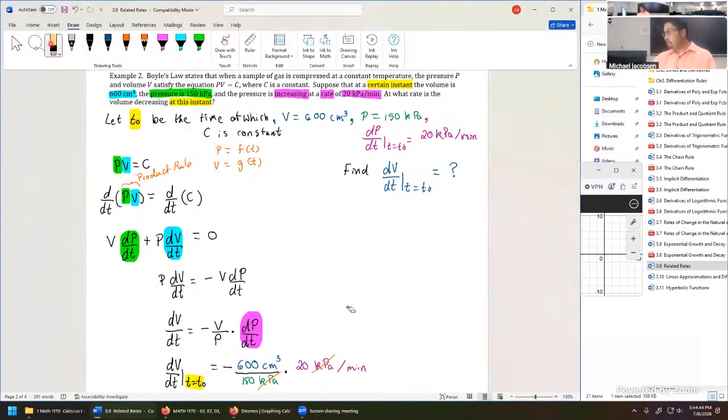So this becomes equal to negative 80 cubic centimeters per minute. So that's the rate at which volume is changing at that specific instant of time. If it continues to compress, if the pressure continues to increase, maybe the rate of change for the volume is going to change as well.